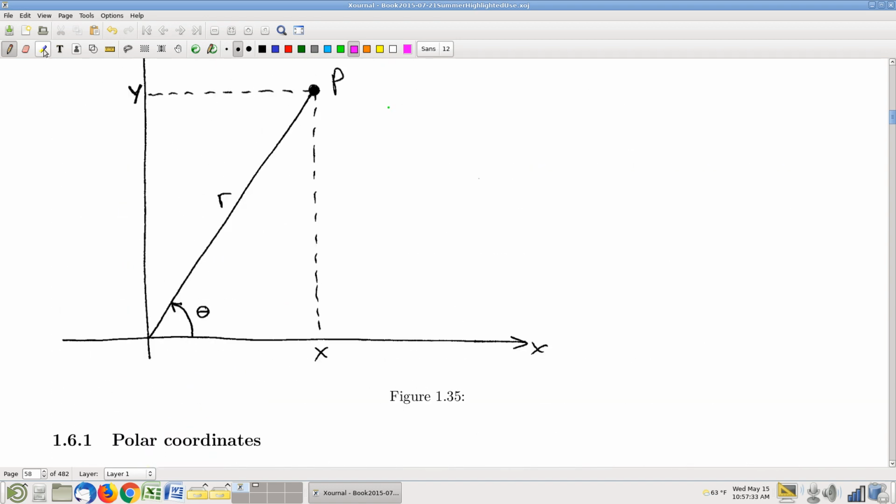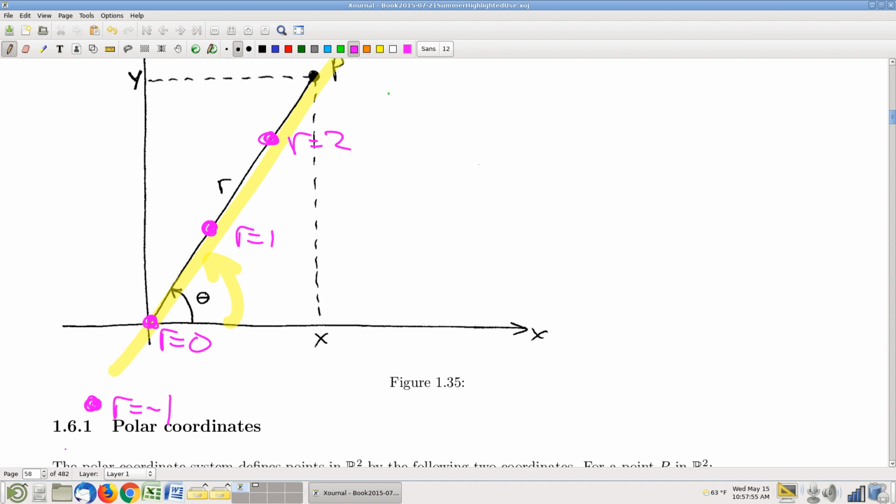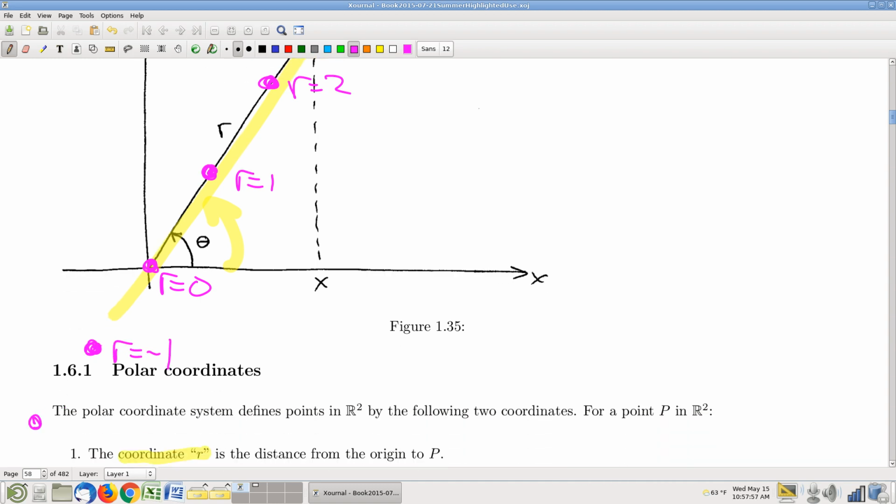for a given value of theta, maybe here's where r is equal to 0, and here's where r is equal to 1, and here's where r is equal to 2, and sure, but then you could also say, then over down here is where r is negative 1, and etc. Down here is where r is equal to negative 2.